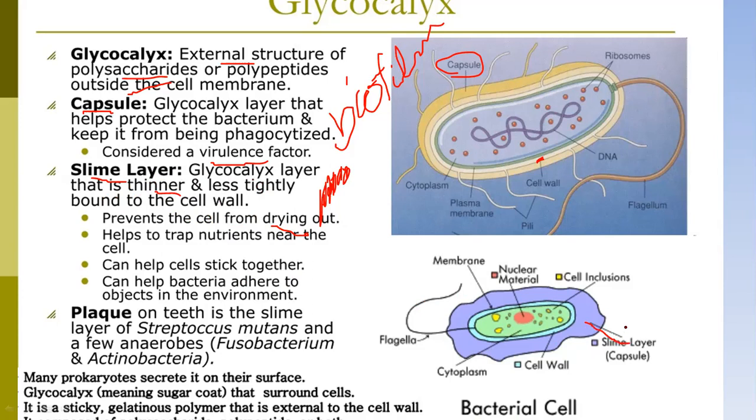That can also be said to capsule, but that is actually the slime layer. That traps nutrients near the cell also, that helps to stick the cells together also, and that adhere to object. They can help bacteria adhere to objects in the environment.